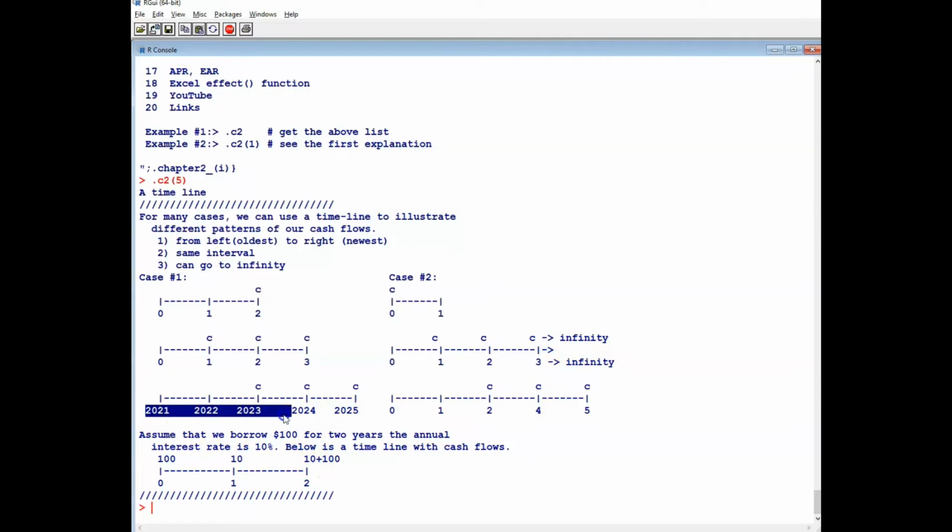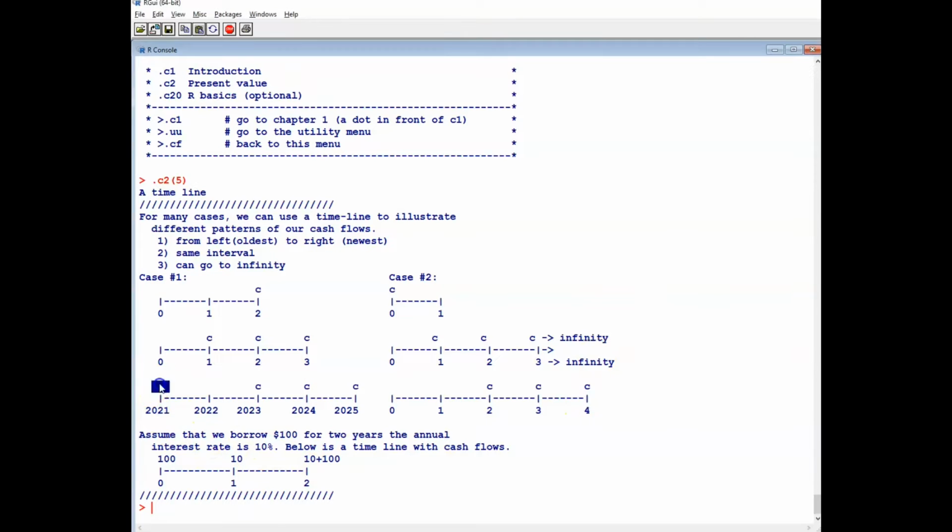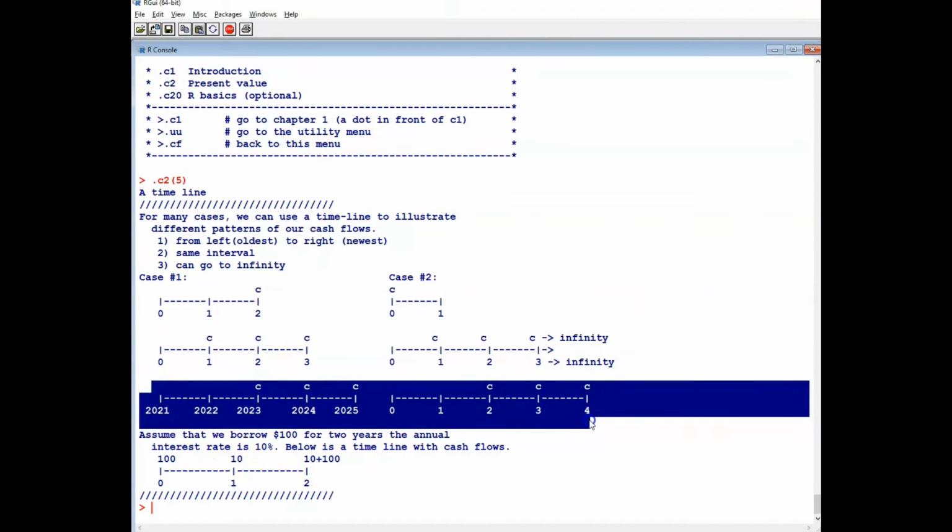We can also add the actual years, like 2021, 2022, 2023. For these cases, we have 3 future cash flows: C at the end of 2023, 2024, 2025, and we calculate the present value at 2021.